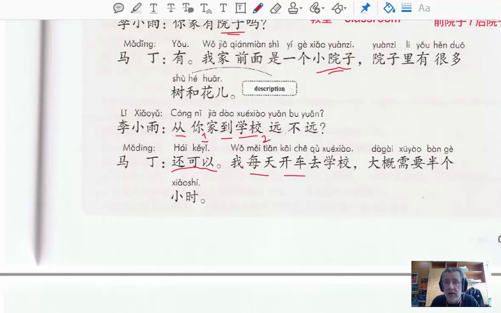In the medical scenario, we learned 开处方, meaning to write out a prescription. And in this particular case, it means to drive a vehicle. 开车去学校. So 开车 is a verb, 去 is a verb, all right? And the first verb describes how the second verb is done. It's like English, to drive a car to go to school.